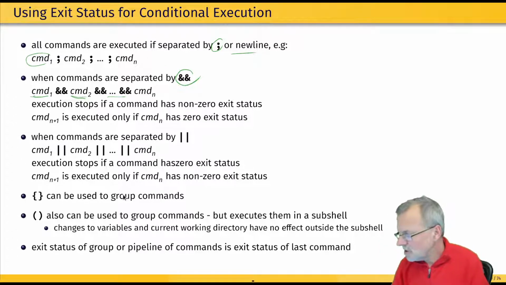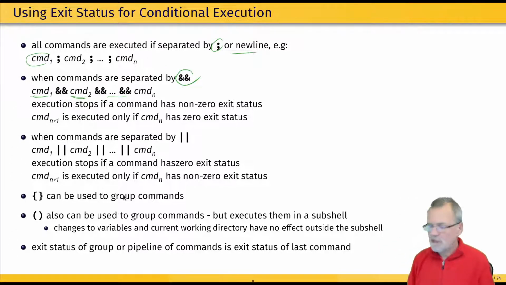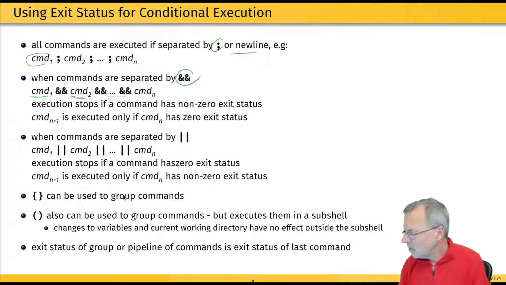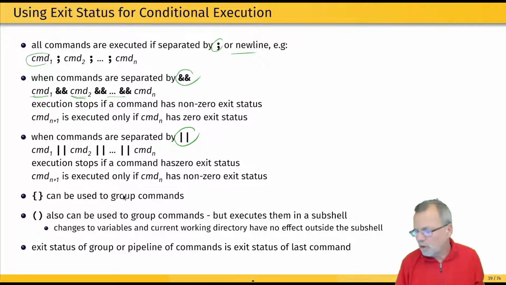That produces execution that's conditional on the previous command succeeding. And you can also use double OR, which produces execution on the previous command failing, exiting with a non-zero exit status. Double AND and double OR are really underused by shell programmers.